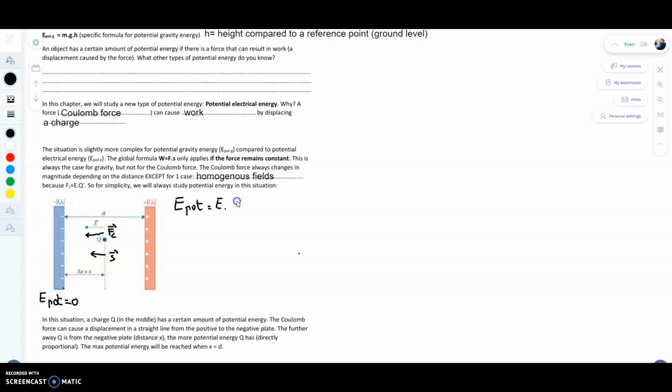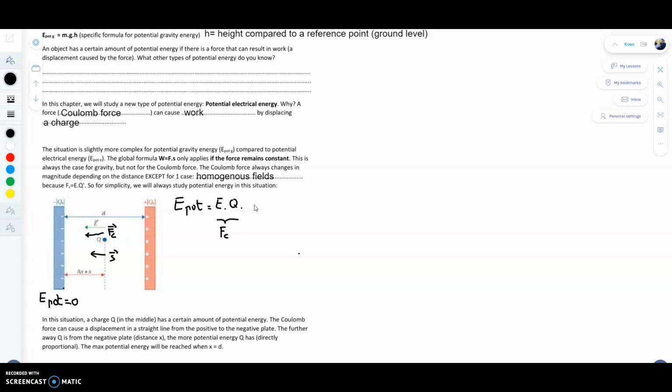If we multiply E by Q, we will know what the Coulomb force is. So the more Coulomb force you have, the more potential energy this charge would have. And what determines the amount of Coulomb force that you have? Your charge and the magnitude of your electric field E. So those are the first things that increase your potential energy.